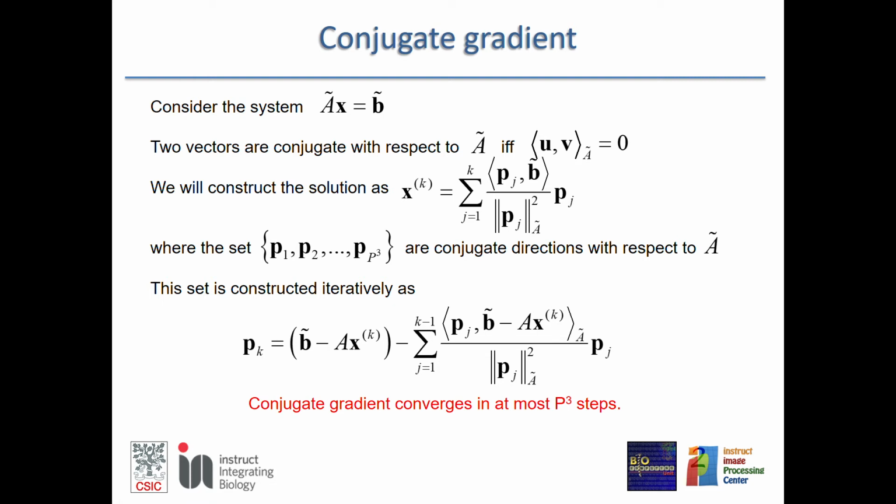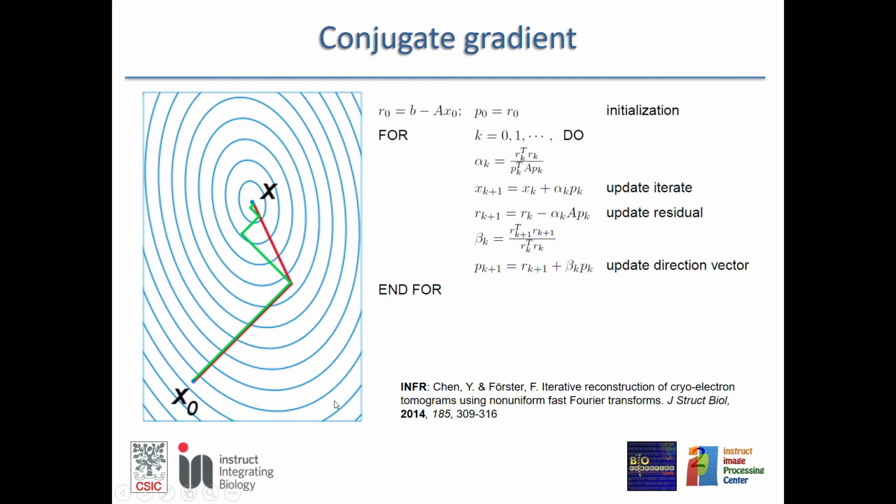But there is one advantage of conjugate gradient, that the algorithm converges exactly in the number of steps defined by the number of voxels, if you update after every voxel. So here you have the formulation of the conjugate gradient.